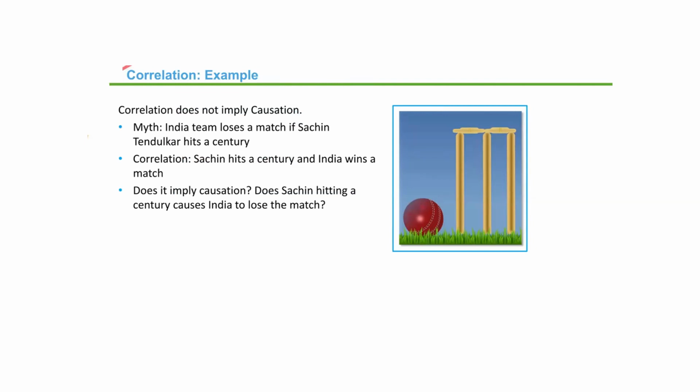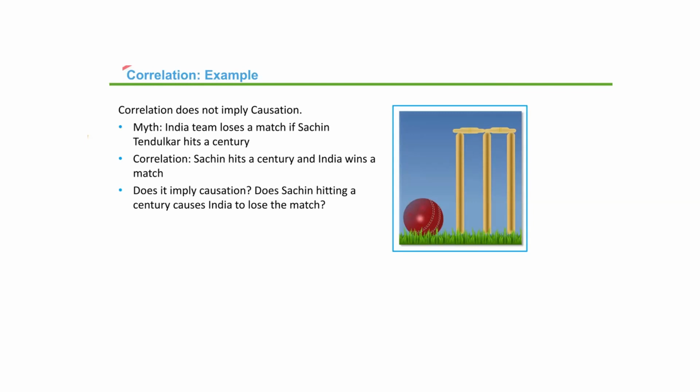Imagine there's a match tomorrow between India and England. In the last few games, whenever Sachin hit a century, India lost. England will never plan in a way where they think, if we have to make India lose the game, we need to make Sachin hit a century. They will never come up with such a plan. That is what it means: correlation does not mean causation.